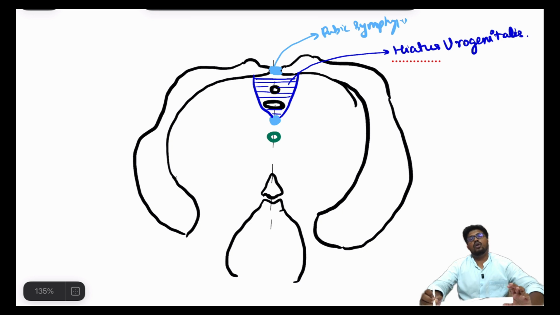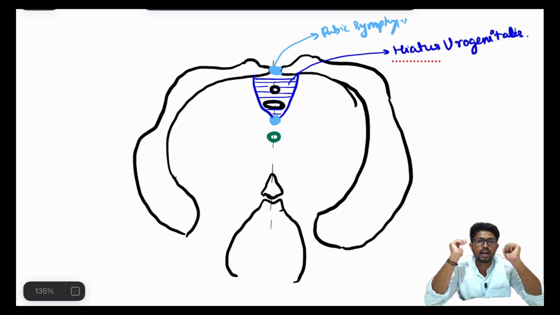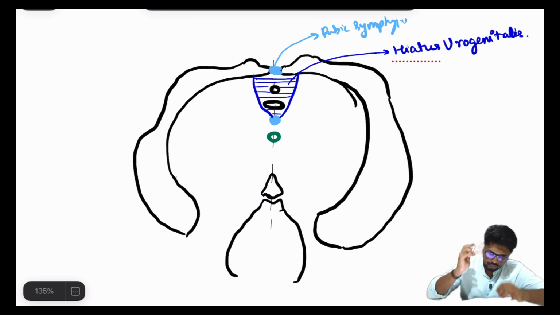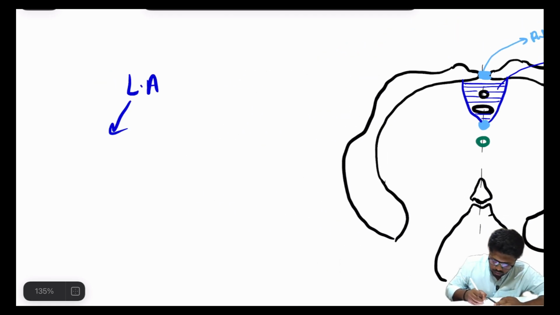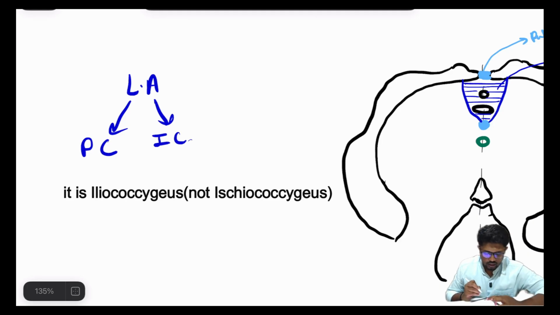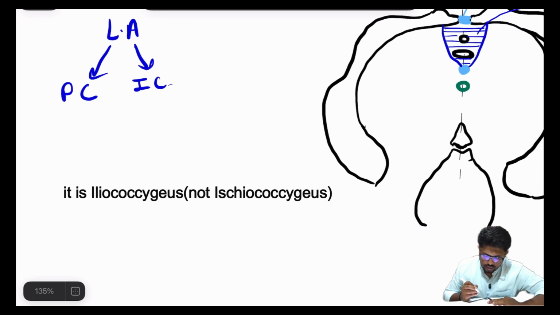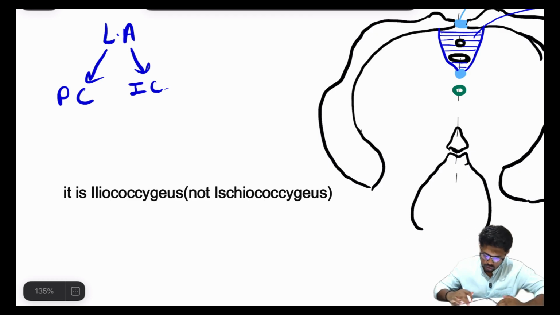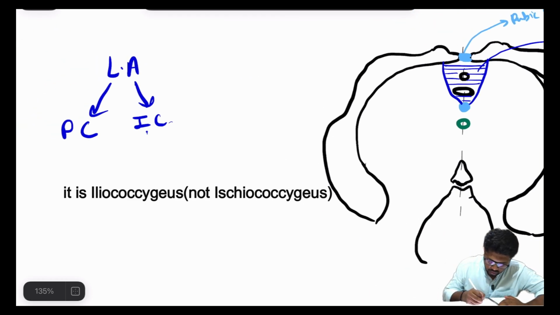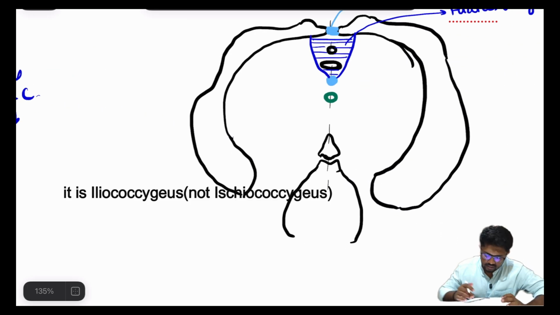Now let's draw firstly the Levator Ani. The Levator Ani has two components, as we know, Pubococcygeus and Ischiococcygeus. Firstly, we'll start from behind and come forward. So this Ischiococcygeus arises.